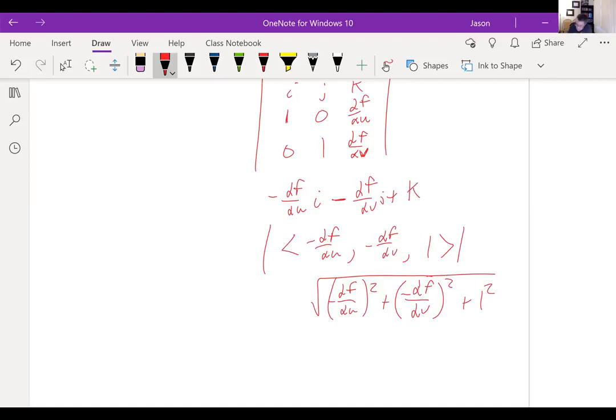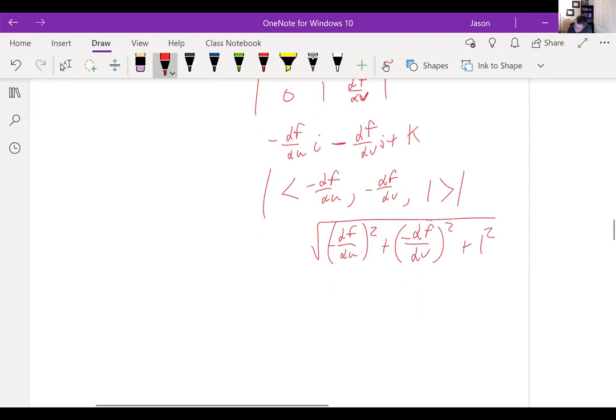We'll take the magnitude of that vector. Okay, so I'm going to rewrite this a little bit. This is the square root of 1 plus df du squared plus df dv squared. But I used u and v as kind of dummy variables here, right?